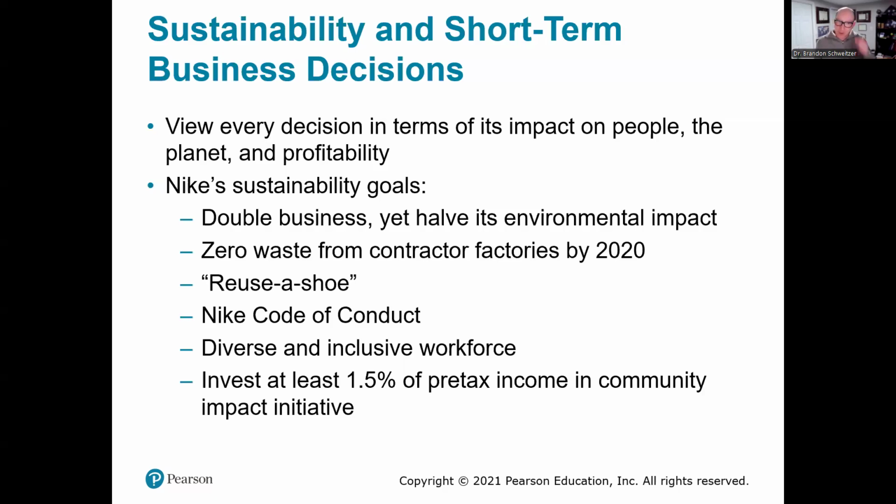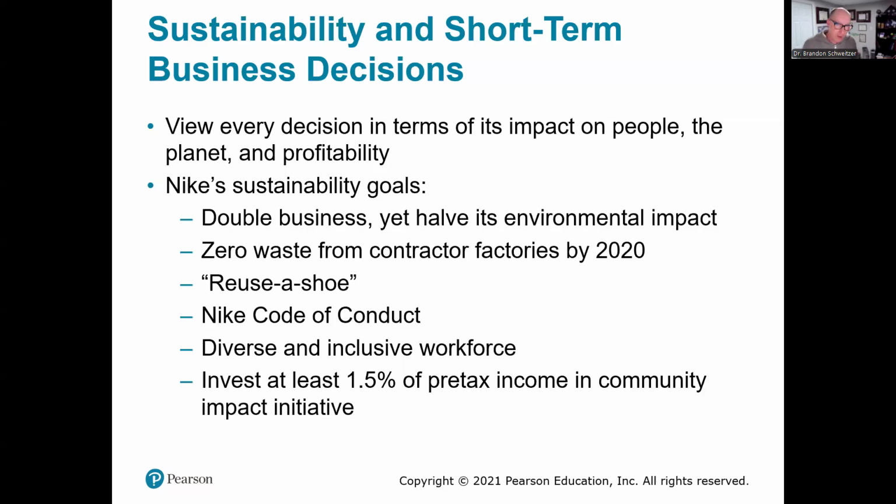Okay. Example here from Nike, doing business that will reduce the environmental impact. In other words, reduce the impact on the natural environment. Try to get to a zero waste situation by 2020. A Reuse-A-Shoe program to encourage recycling.